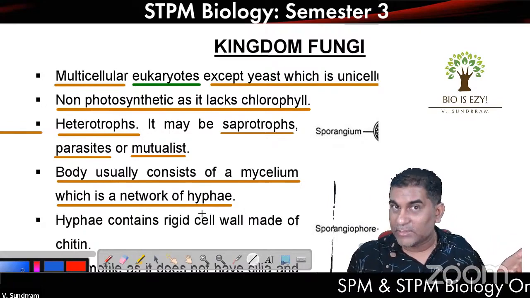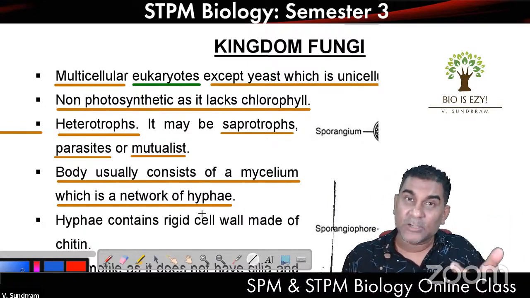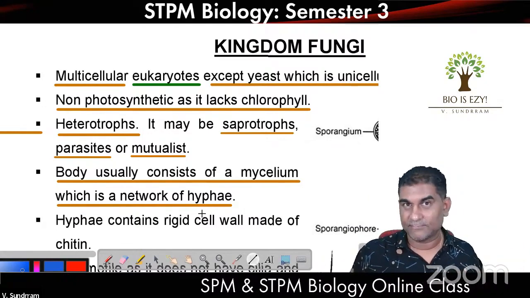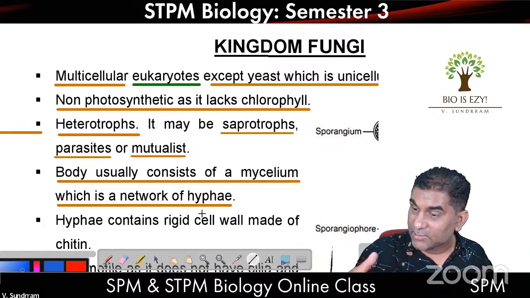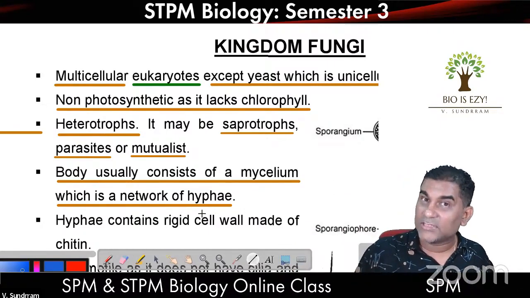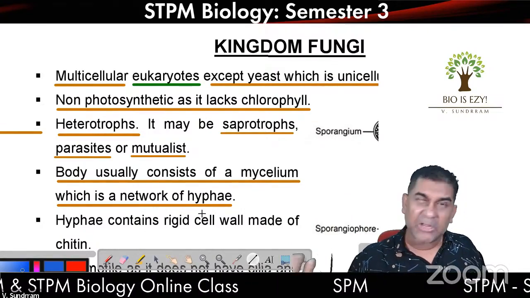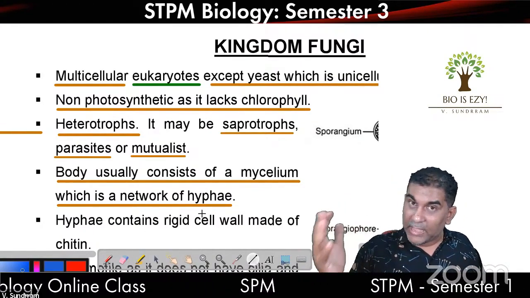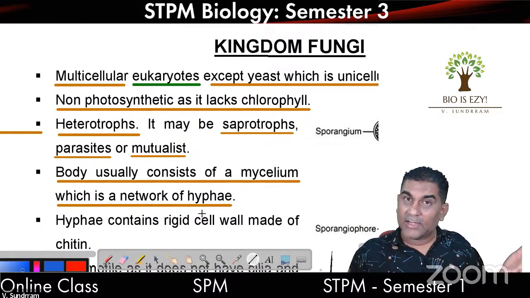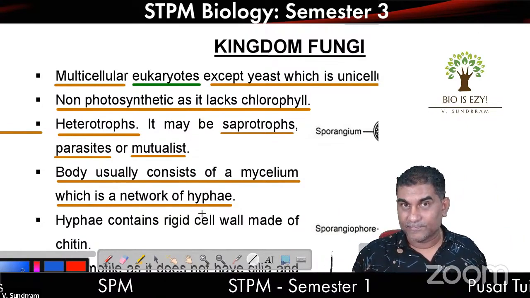Alga have an advantage: they can do photosynthesis. Disadvantage, they are unicell. Fungi have an advantage: multicell, larger, more protection. But a disadvantage: cannot do photosynthesis. So the fungi and the alga form a joint venture. They become lichen.